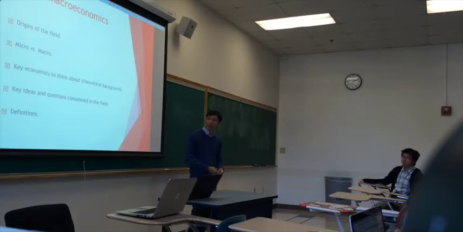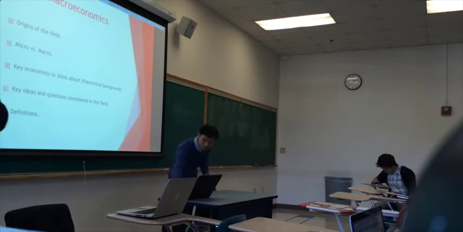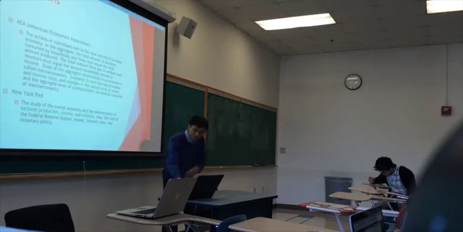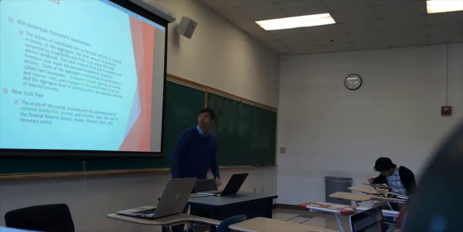If we go to the next slide, there are a couple of definitions from the American Economic Association and the New York Fed of what macroeconomics is, and highlighted are the main topics of interest: unemployment, economic growth, inflation, and national income.